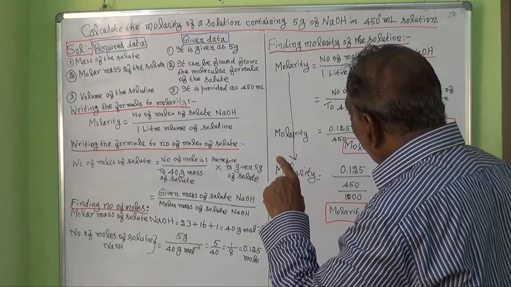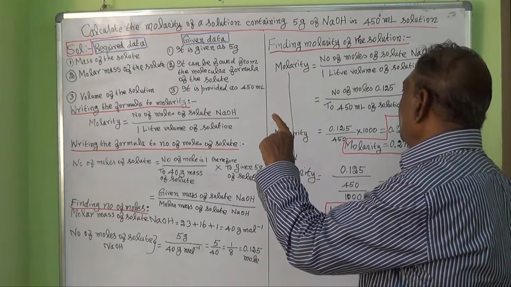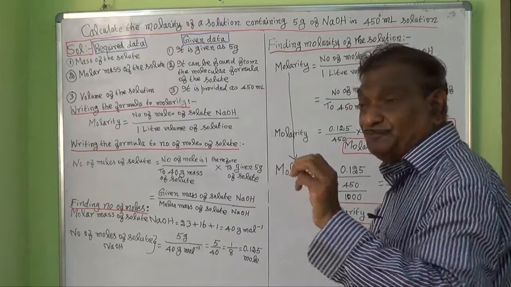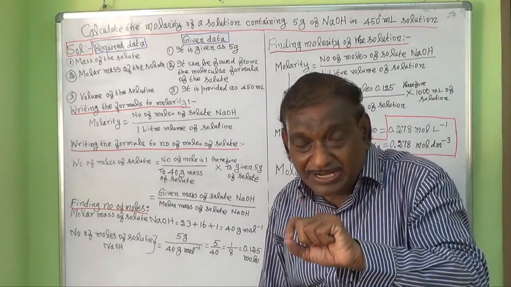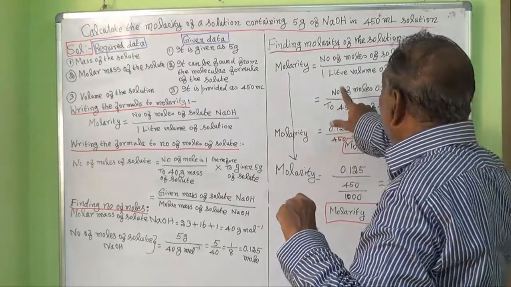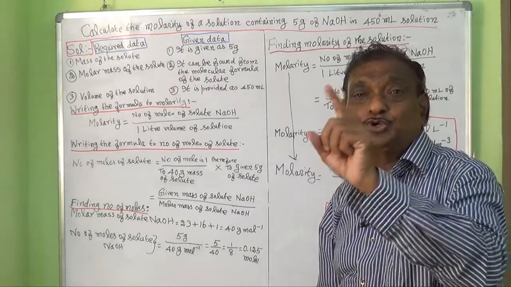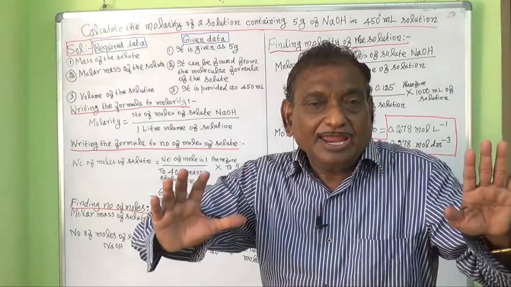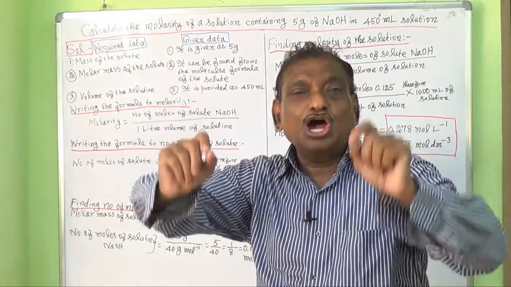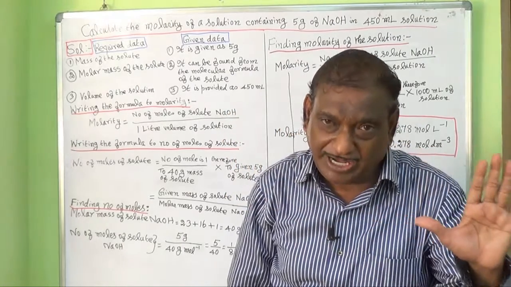What is the meaning of this formula for the molarity of the solution? In 450 ml volume of the solution, the number of moles dissolved is 0.125. But we don't need the number of moles dissolved in 450 ml of the solution.